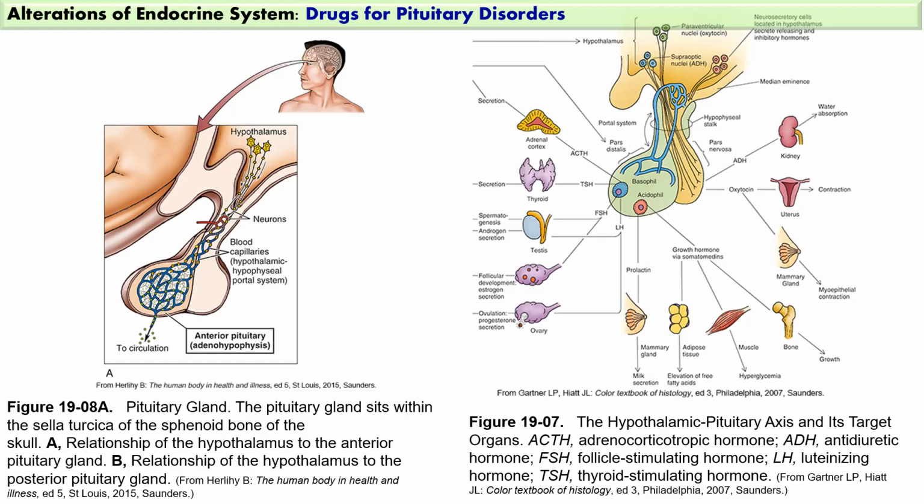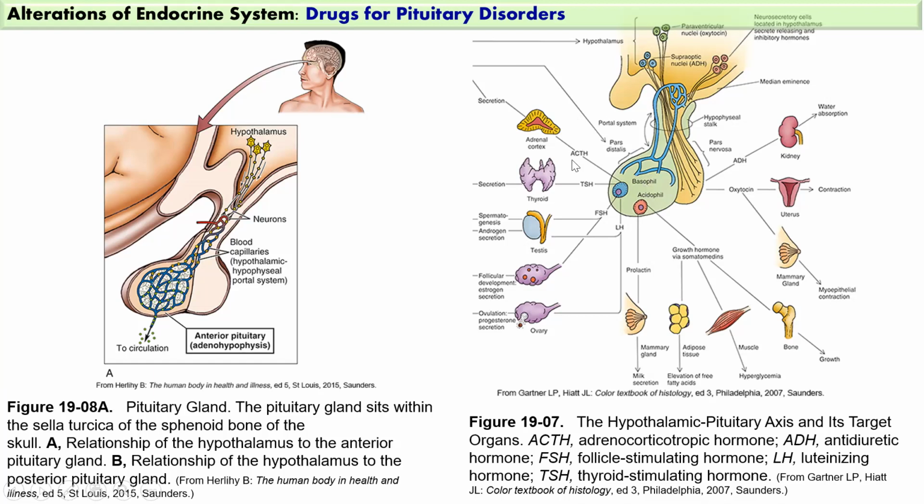This slide shows or covers almost all the glands and organs of the endocrine system that secrete the different types of hormones. And in the pituitary gland, you see that we have 2 lobes: the anterior lobe and the posterior lobe.